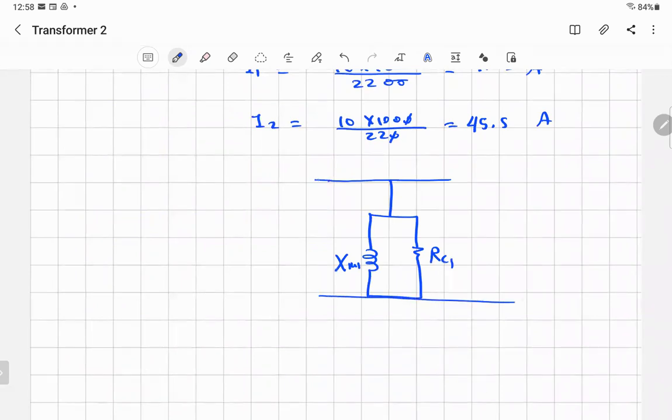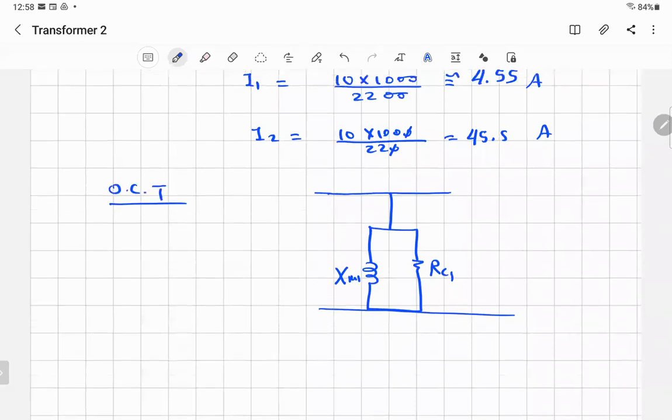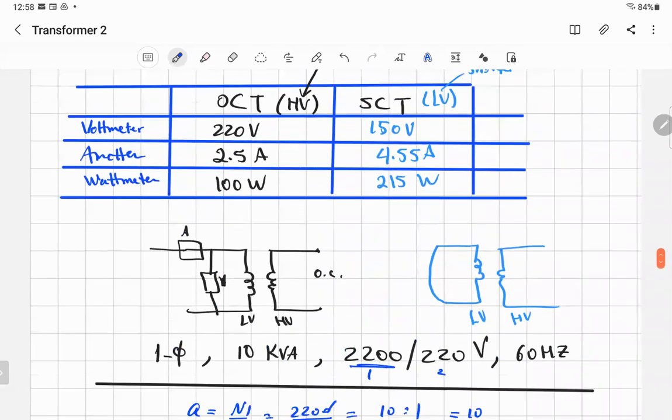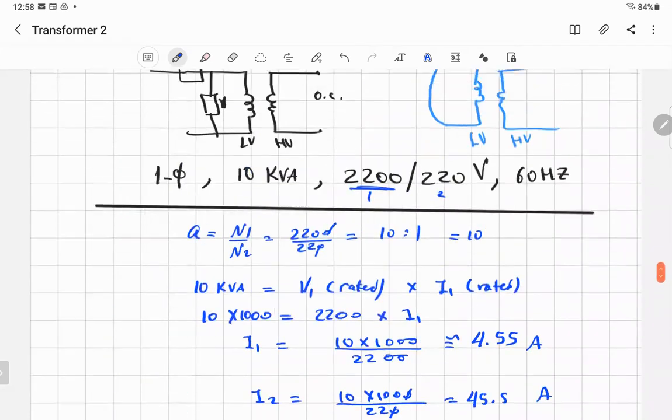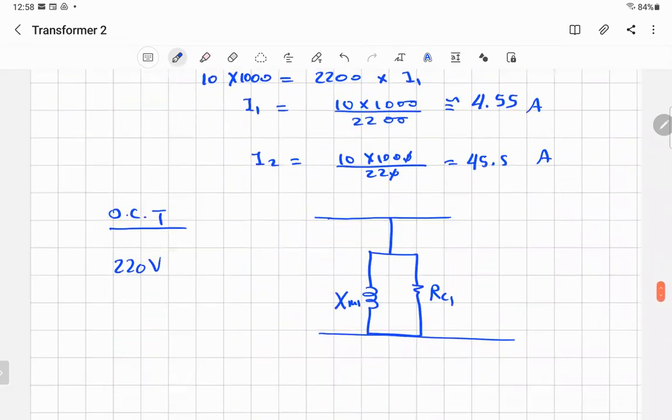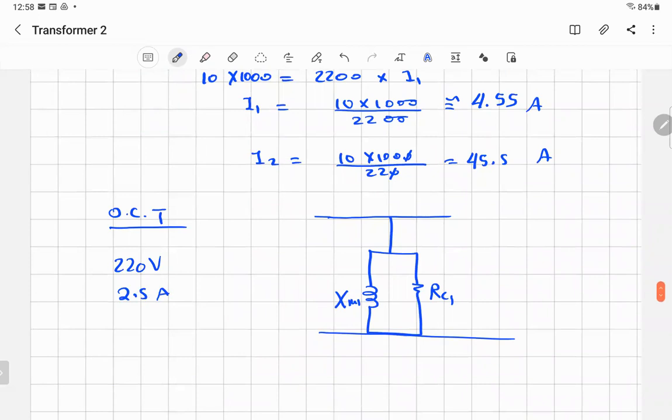Let's now see what's happening. In the open circuit test, we got 220 volts, 2.5 amps, and 100 watts. So how can this information help me? I'll say 2.5 amps going here is what I measure for I1.